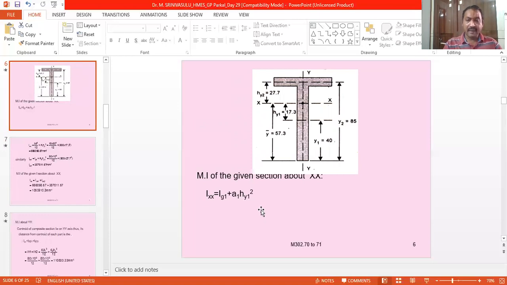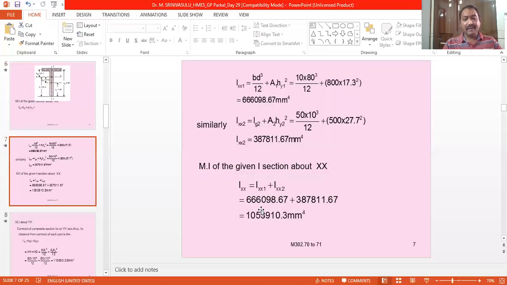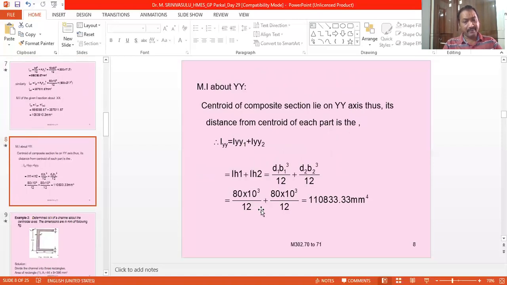So Iyy can be directly calculated with the formula. The Iyy of the given T section is the Iyy of rectangle 1 plus the Iyy of rectangle 2, that is Ig1 plus Ig2.